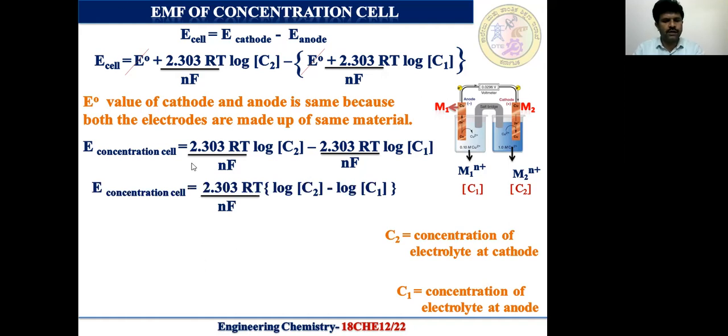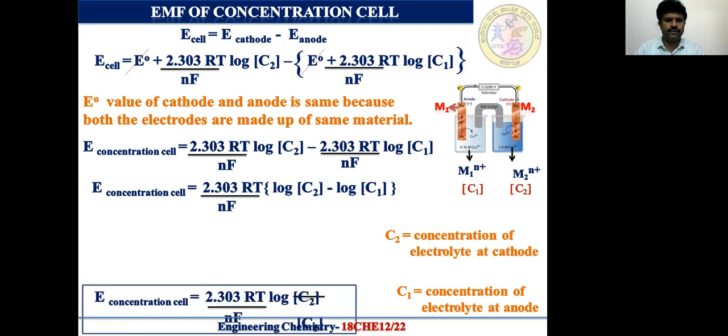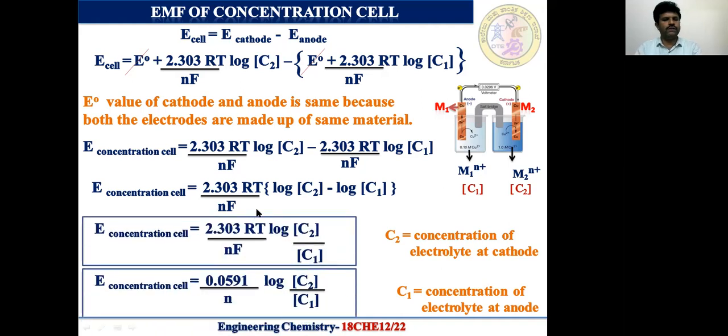So next, I take the common term 2.303RT/nF. The remaining is log of concentration C2 minus log of concentration C1. It is like log A minus log B, which I can write as log A/B. Hence the above equation can be rewritten as E concentration cell = 2.303RT/nF log of C2 concentration divided by C1 concentration.